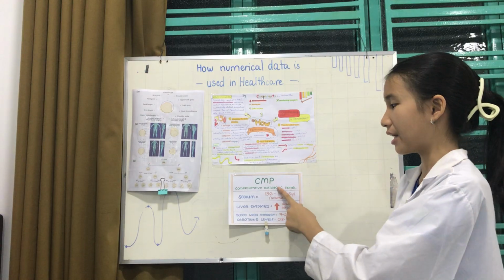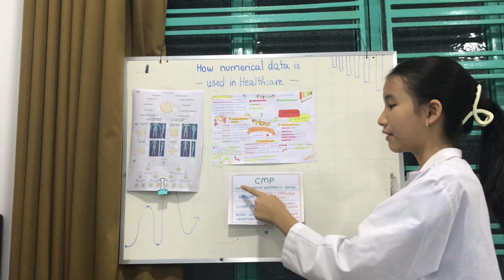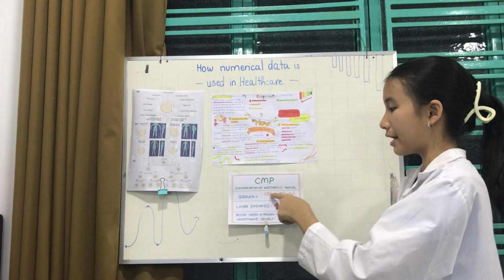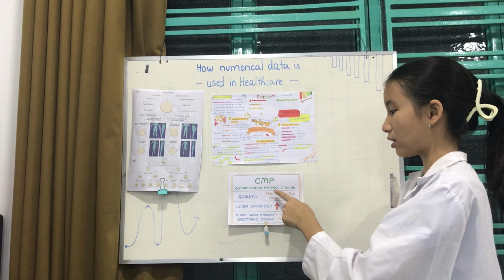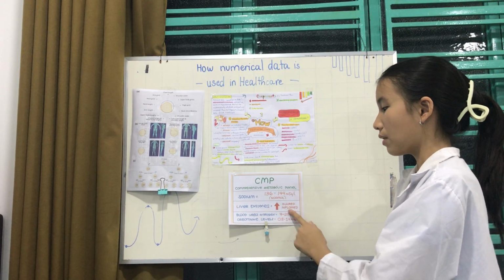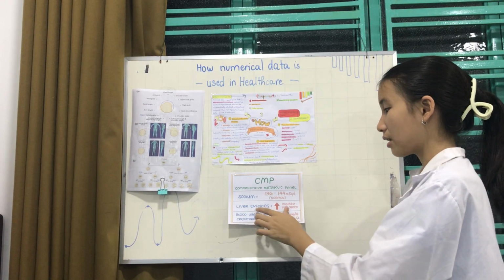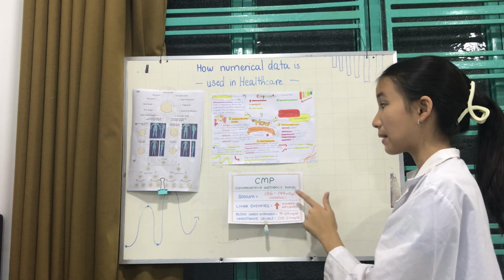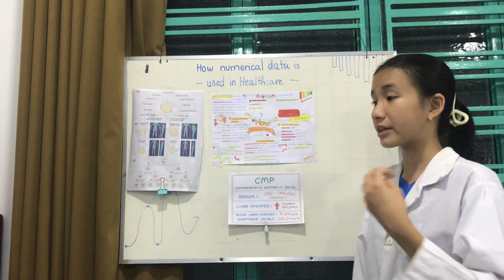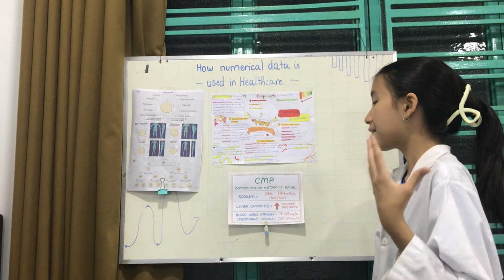As you can see here, I have printed a picture of a comprehensive metabolic panel. Sodium is 136 to 144, and this is considered normal. The liver enzymes, this is the metabolic panel. Remember, this has to do with your urinary system, your kidney functions, electrolytes, things like that.